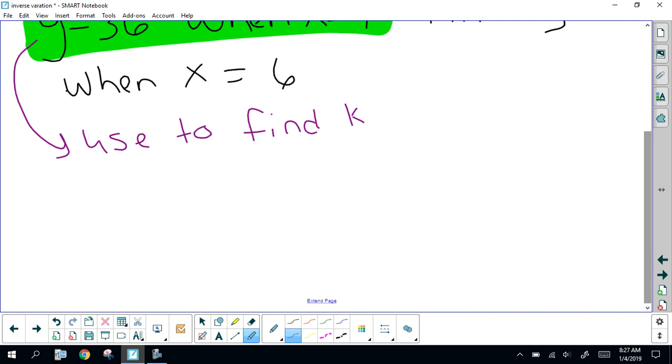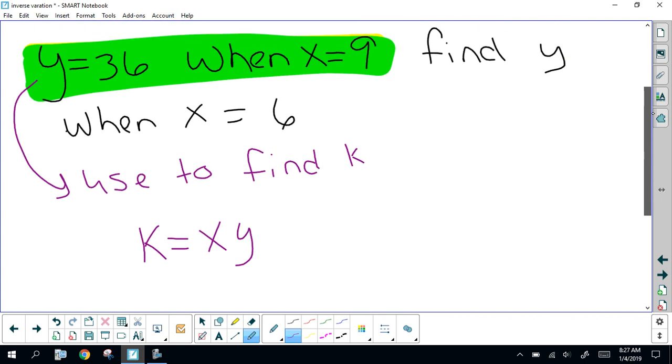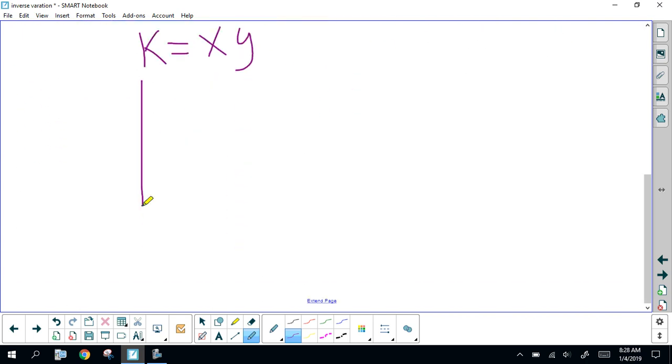All right, so we know K equals x times y. That was the formula that I just gave y'all. In this case, x is 9 and y is 36. So K equals 9 times 36.